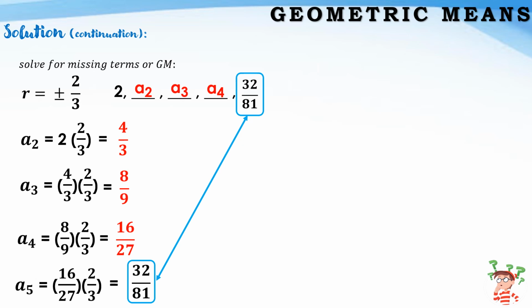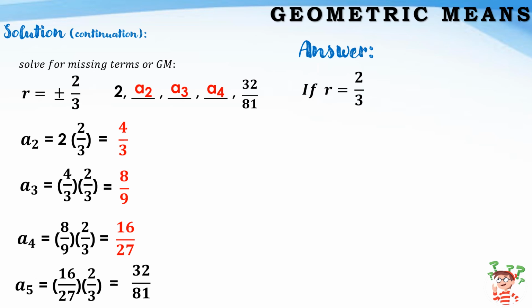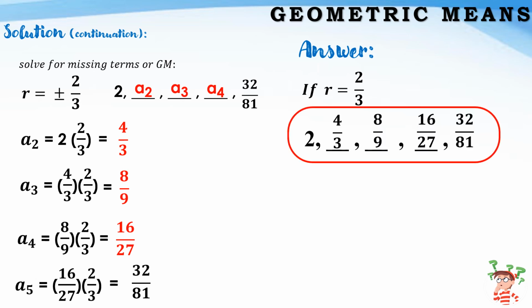So, nakuha na natin yung ating a sub 2, a sub 3, a sub 4 using the positive root, which is positive 2/3. So, mag-substitute na lang tayo para sa ating negative r. So, we can now get the answer. Kung ang ating r ay positive 2/3, so ang ating complete sequence ay 2, 4/3, 8/9, 16/27, and 32/81.